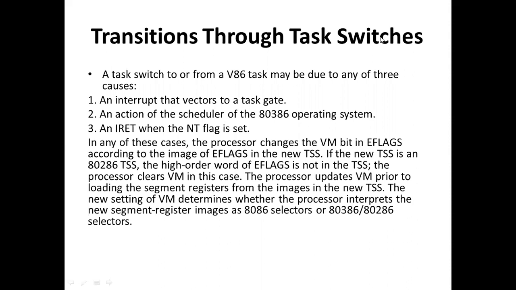So what does it mean? These three possibilities will give you the information that through this we can get a transition through task switching, and ultimately it is expected that these values will be maintained with the help of entering and leaving a virtual mode.